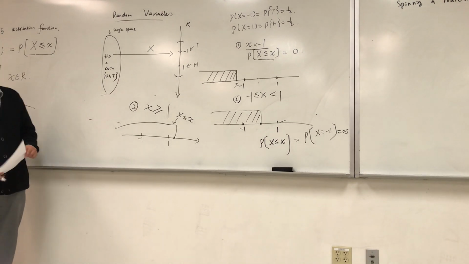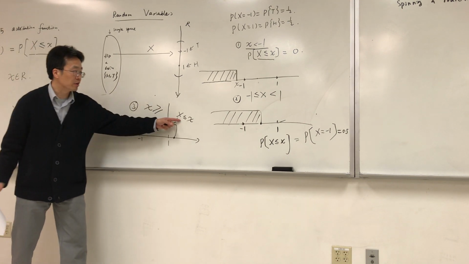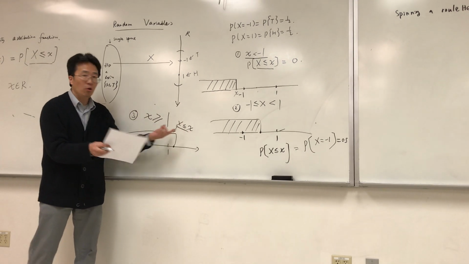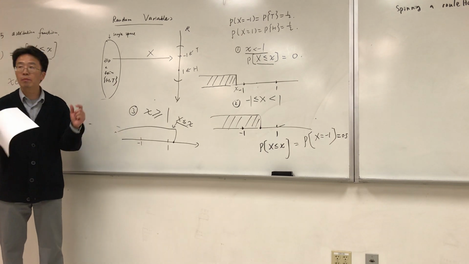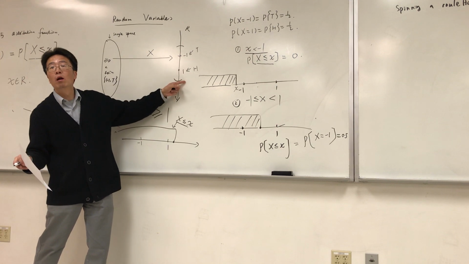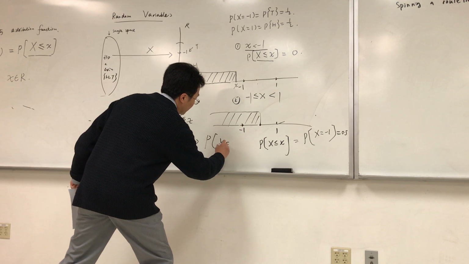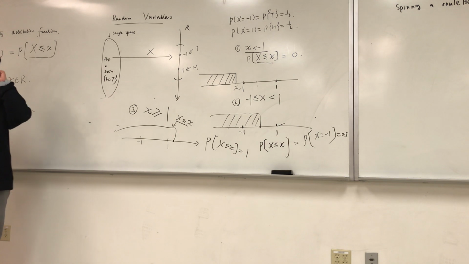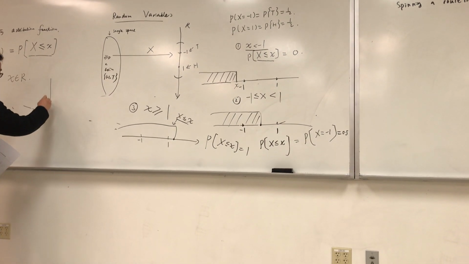So what's the corresponding probability for this event? 1. Because this inequality includes both -1 and 1. In other words, this becomes the probability of the sample space, which includes both -1 and 1. That's the reason why the probability is 1 in this case. Now if we draw this function, it looks something like this.